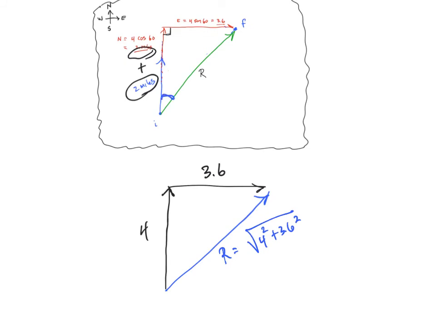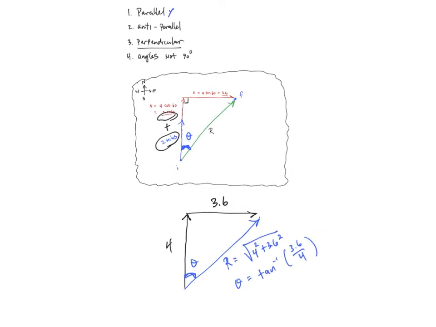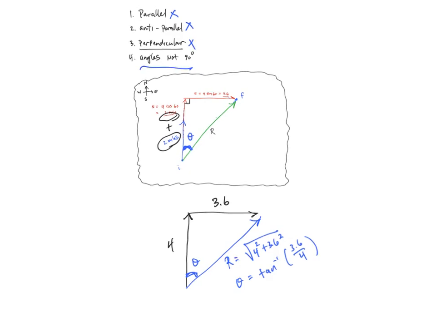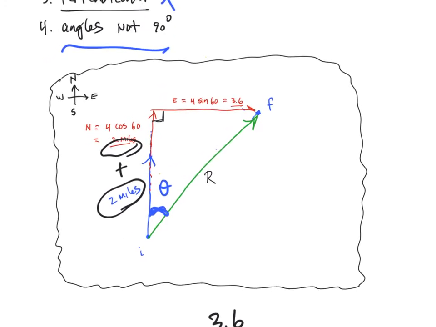And to find the angle theta that we want to find, this angle down here, I'm going to say that theta is equal to the inverse tangent of 3.6 over 4. Again, you can use your calculator to figure out these values. But this is a way of combining or adding vectors when they are neither parallel, nor anti-parallel, nor perpendicular, when they're at angles that are not 90 degrees, using vector resolution, using components.